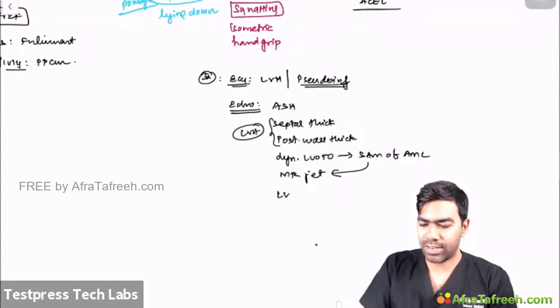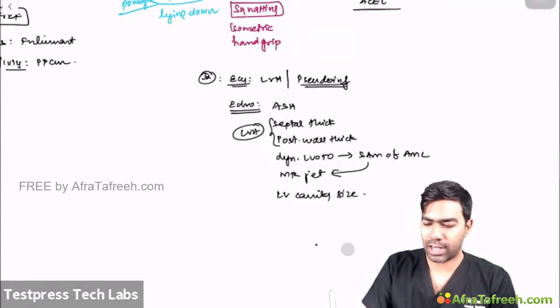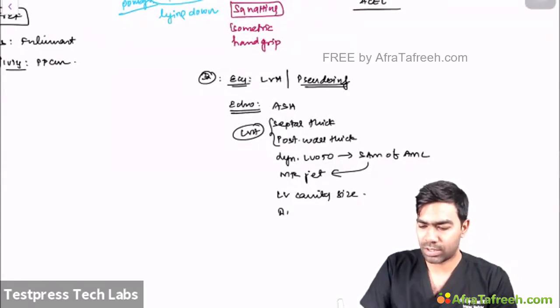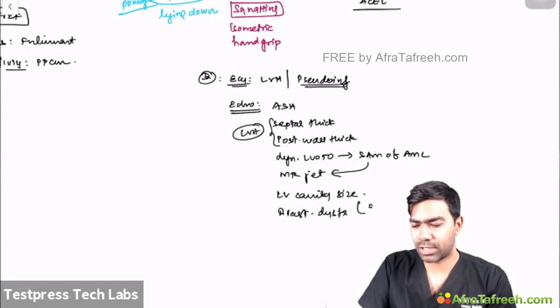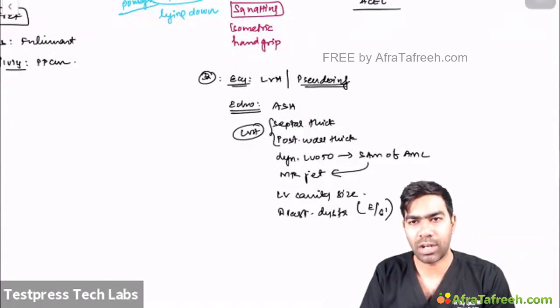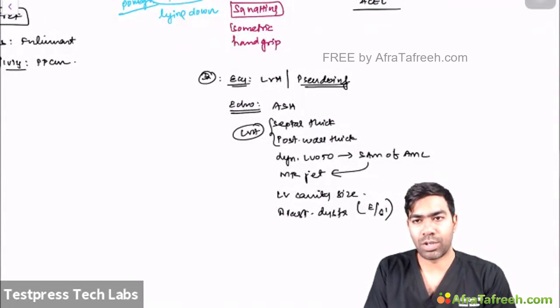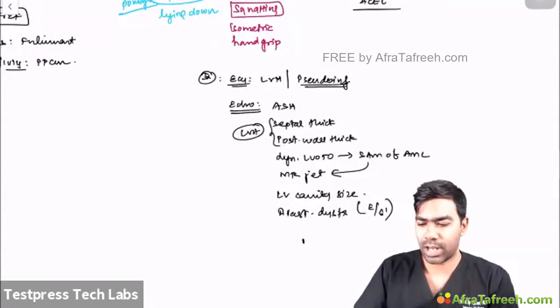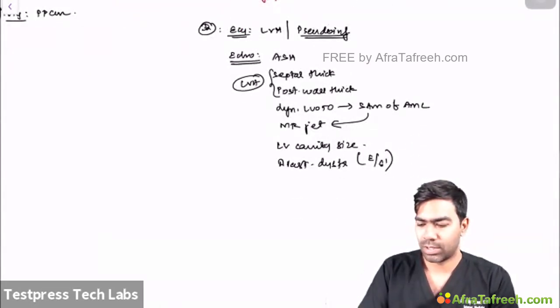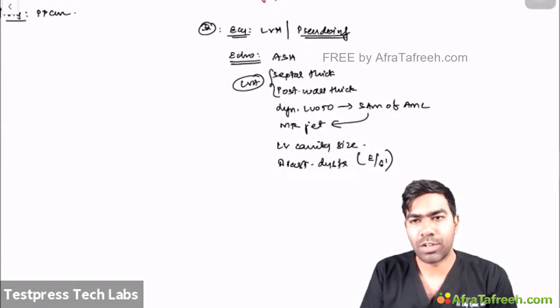The LV cavity size is very important. And more importantly, I can look for the diastolic dysfunction in echocardiogram. Especially, I look for something called the E by E prime ratio. That's really not important for you, because that's too much to find out diastolic dysfunction and all. E by E prime ratio I can look.